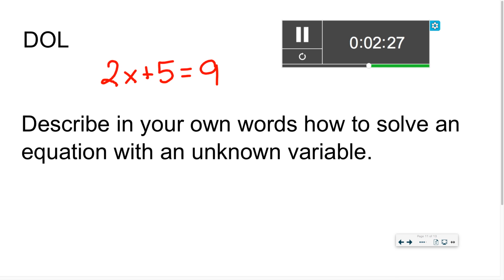If you're having trouble with writing, try to solve the equation and then just summarize in a few sentences how you did that. It's a good way to get comfortable explaining things in math.